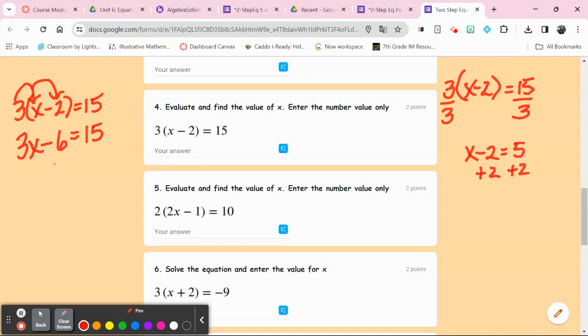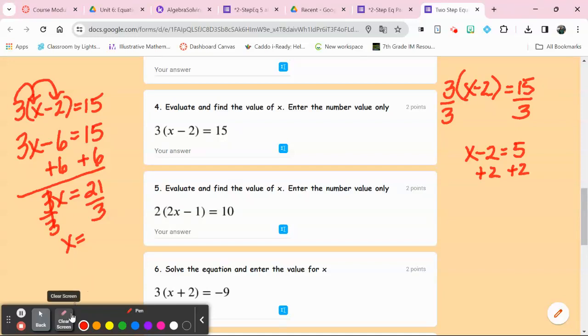The opposite of minus 6 is plus 6, and we're going to do that to both sides of the equation, which leaves us with 3 times x equals 21. The opposite of multiplying by 3 is dividing by 3. And once you divide by 3, you will have your answer on this side as well, and they're both the same. I'm not going to finish that because I believe you can do it.